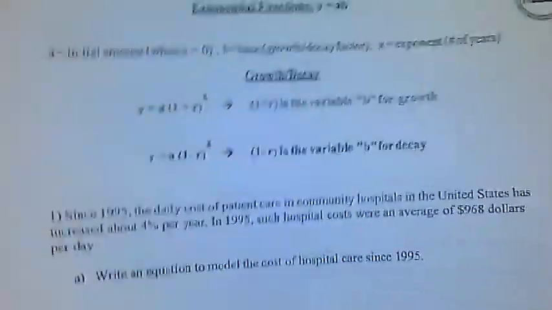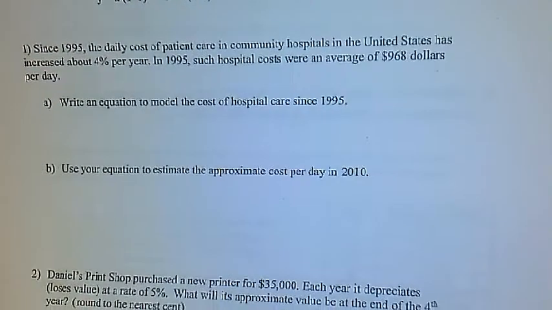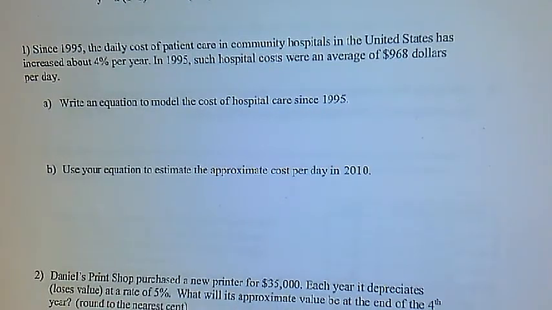All right, so example number 1. Since 1995, the daily cost of patient care in community hospitals in the United States has increased, so we know it's going to be a growth, about 4% per year. In 1995, such hospital costs were an average of $968 per day.